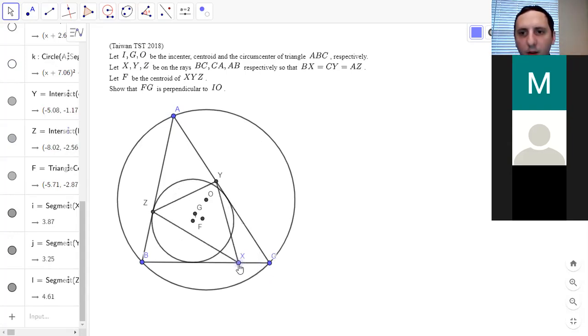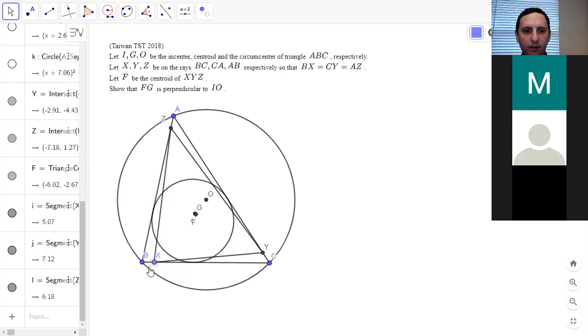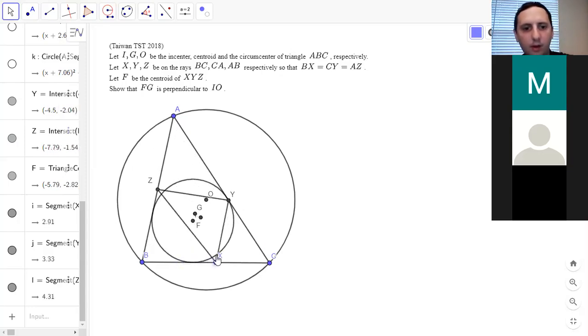This is the generalization, maybe, of that. But is it a generalization? Oh, I guess when X is point B. Well, no, actually, is it a generalization?